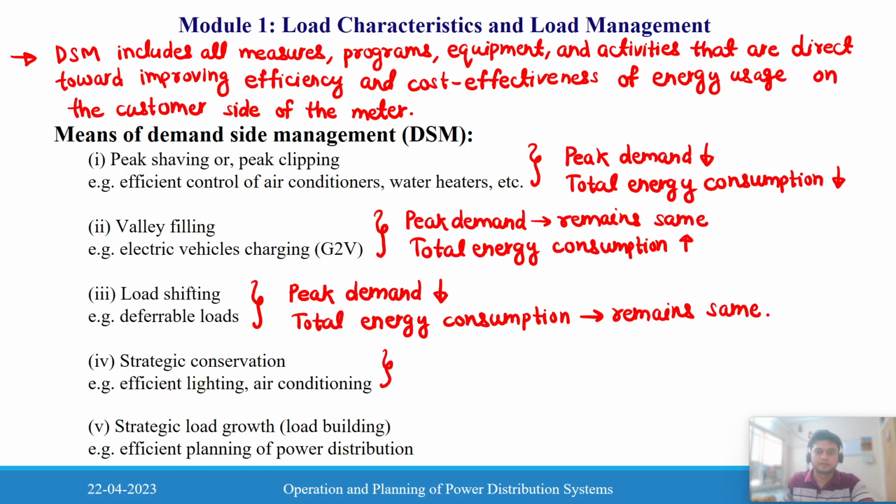And for strategic conservation, we do it by efficient lighting and air conditioning. In this case, we reduce both peak demand and total energy consumption.